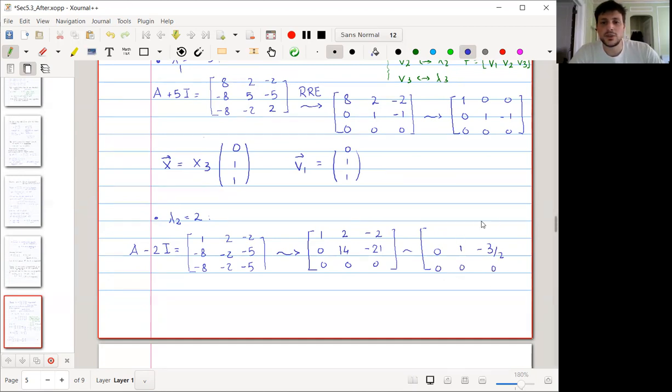And I use that to eliminate the first. So I get a 0 here, and here I have minus 2 times 3/2. So that's, I believe, a minus 5.